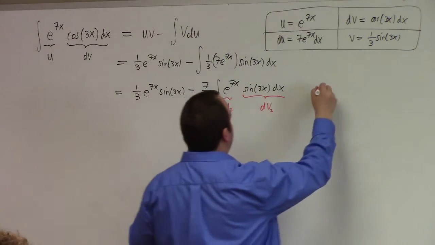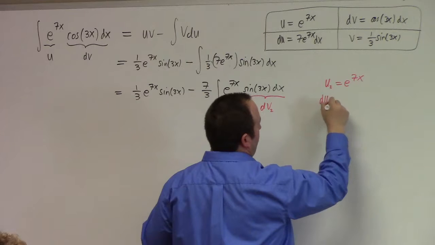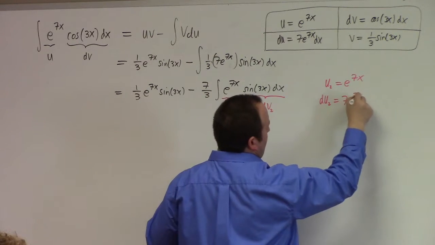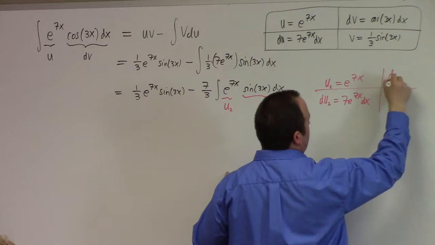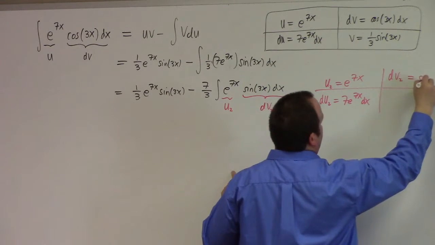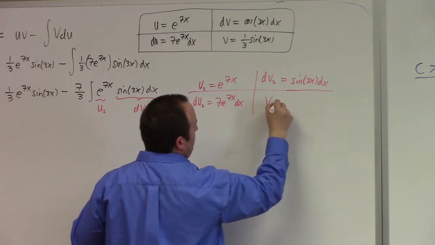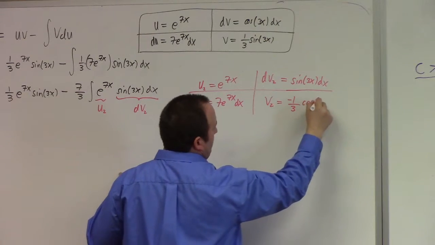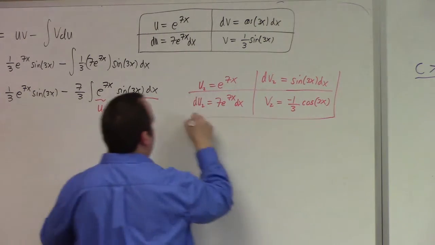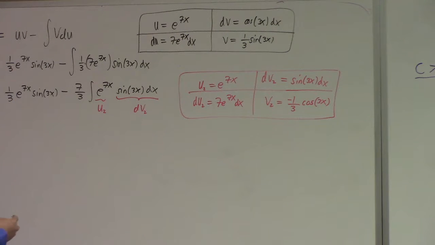This time, u2 is e to the 7x, so du2 is 7 e to the 7x dx. dv2 is sine 3x dx. So I integrate, I get v2, be careful, minus 1/3 cosine of 3x, by u substitution there.